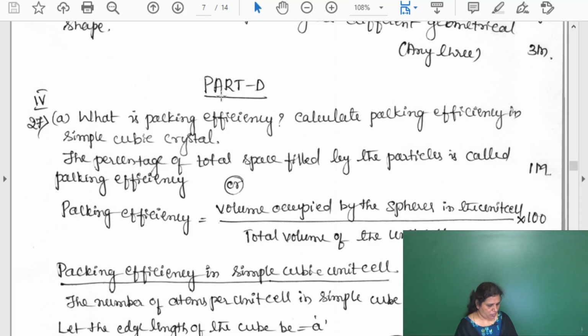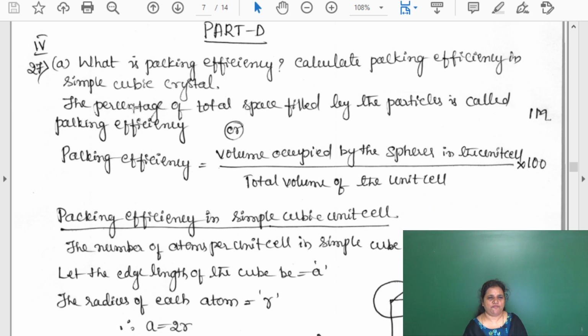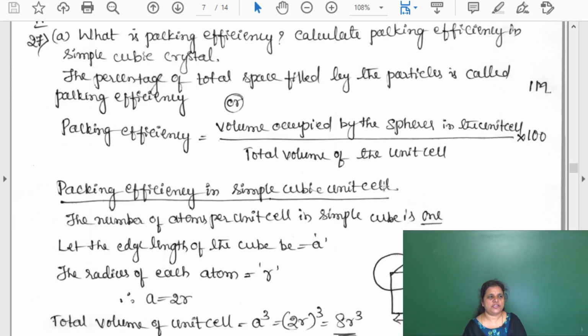Now let us move on to part D. What is packing efficiency? Calculate the packing efficiency in simple cubic crystal. The percentage of total space filled by the particles is called packing efficiency.